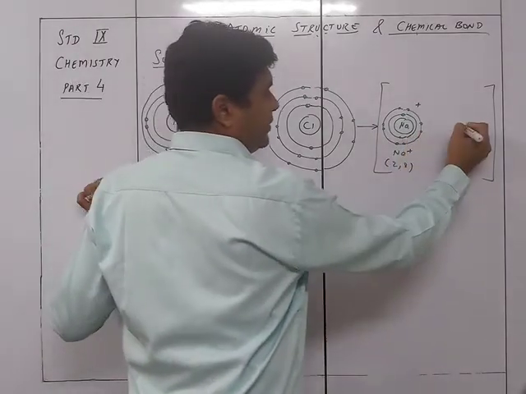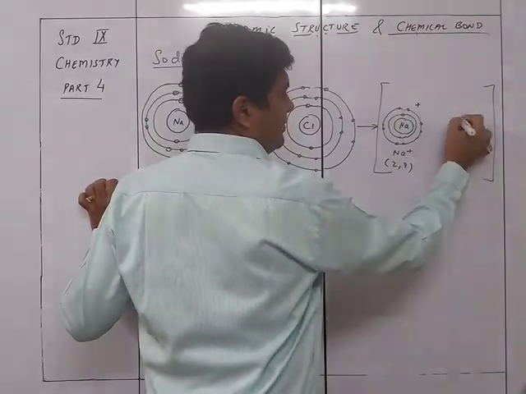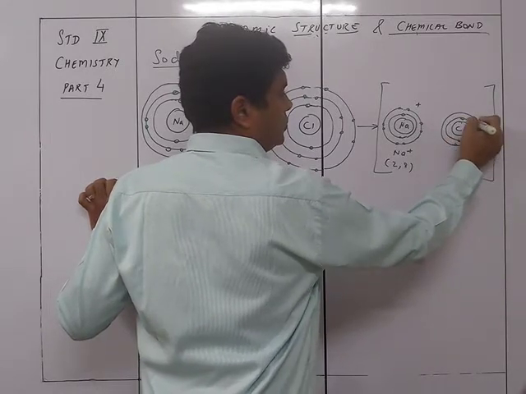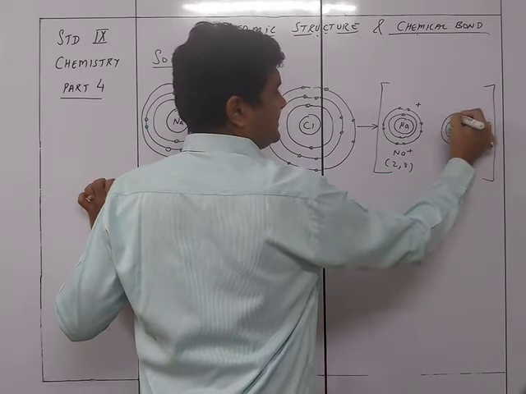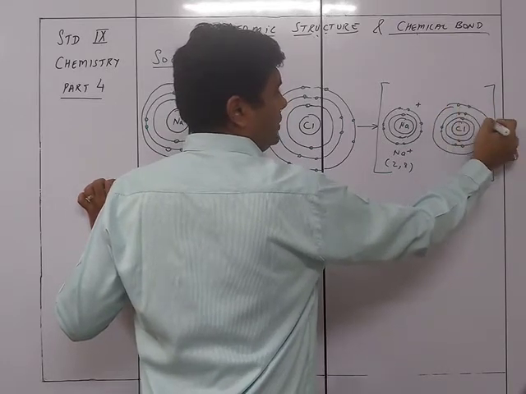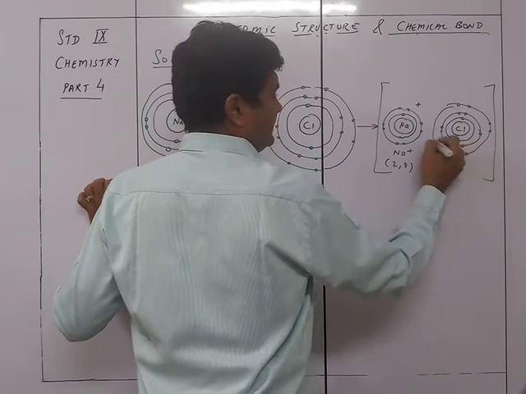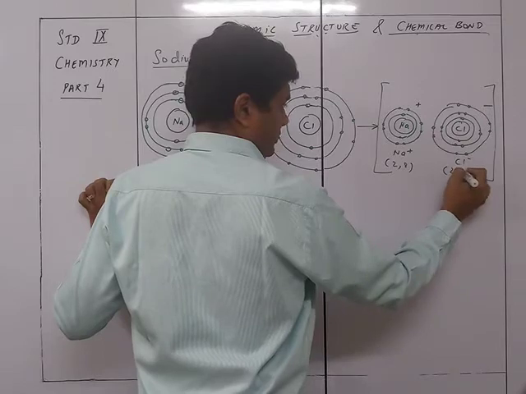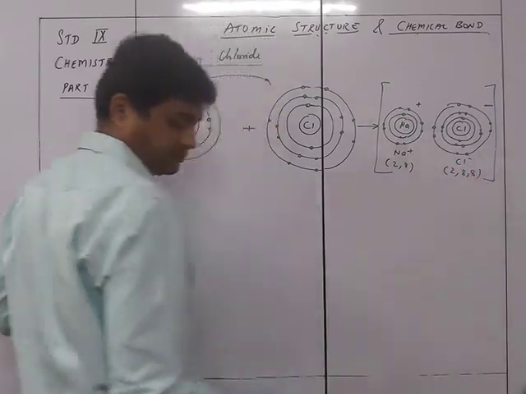And over here will be Cl. Cl will have 2 electrons here, then 8 electrons here, 1, 2, 3, 4, 5, 6, 7, 8, and then again 8, 1, 2, 3, 4, 5, 6, 7, 8. It will be negative, so this will be Cl minus. This will be 2, 8, 8, like this.